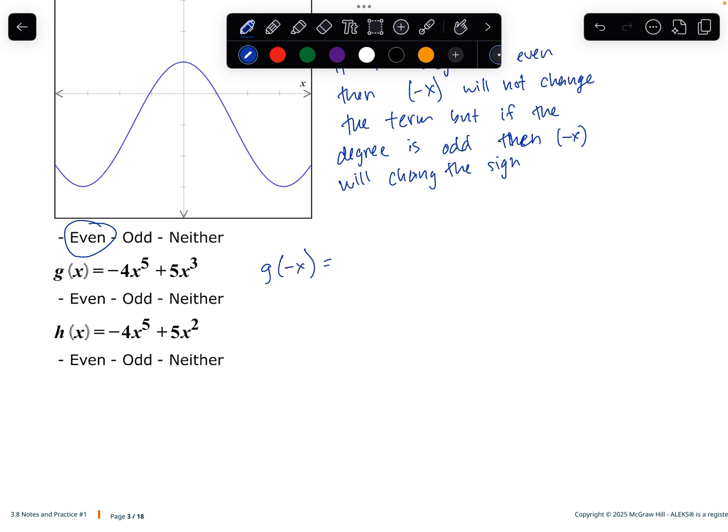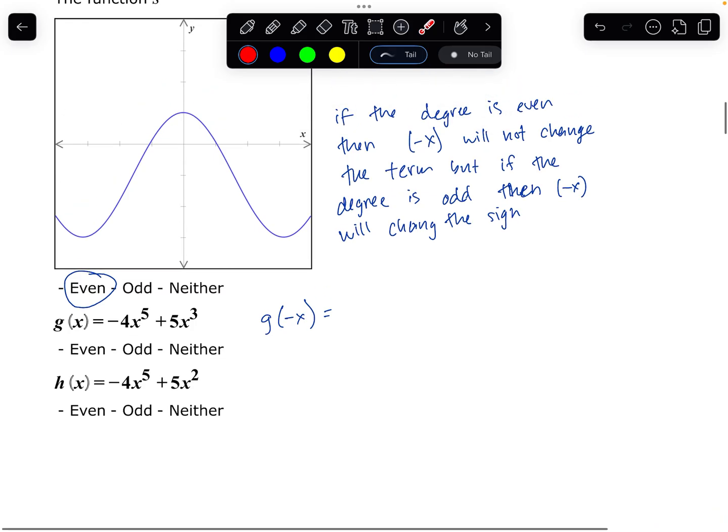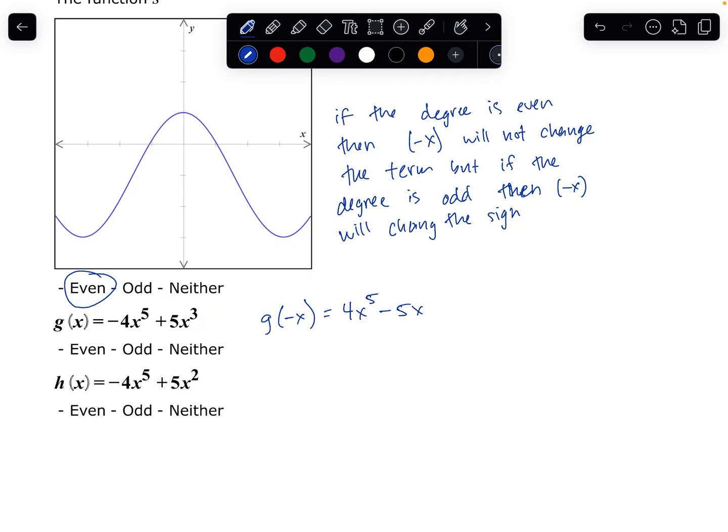Well, if I'm plugging in negative x into an odd degree term, it's going to flip the sign. So when I plug in negative x, this is actually going to change to 4x to the fifth. And if I plug in negative x here, then this is going to be negative 5x to the third, because it's an odd degree.